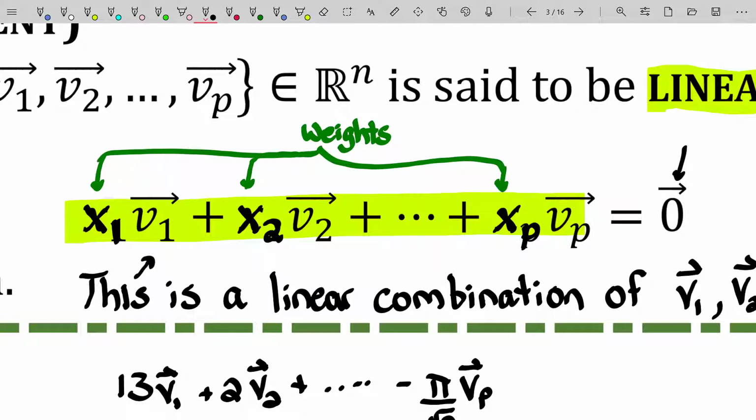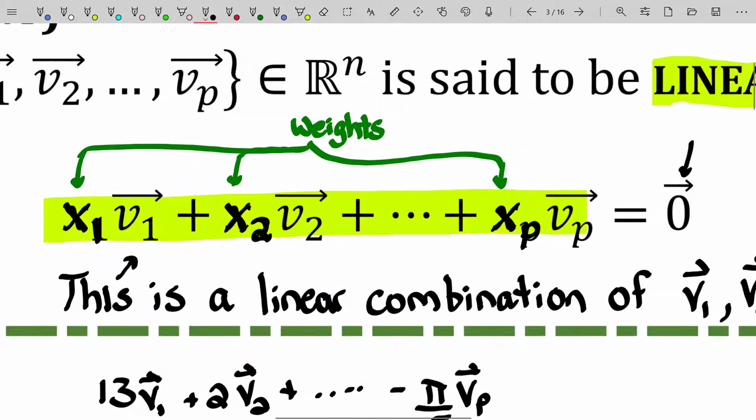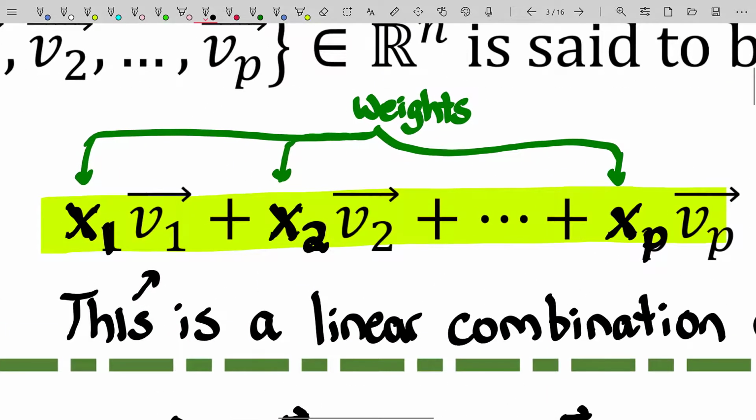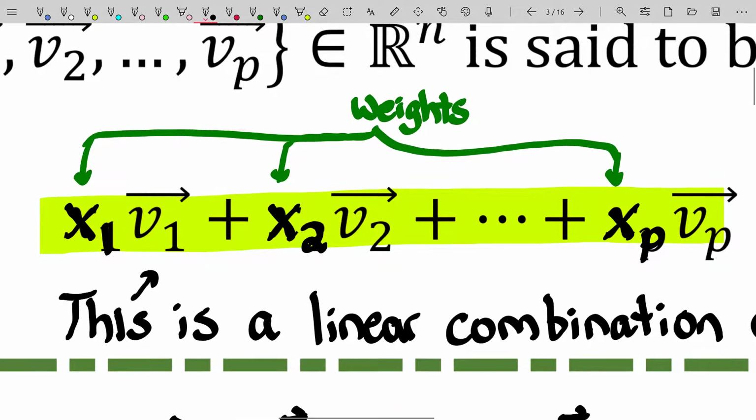But asking this question right here, is there a solution to this, is basically the same as asking, is there a linear combination of those vectors that will become 0?